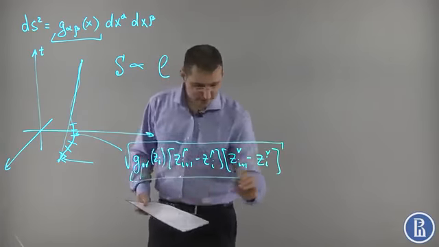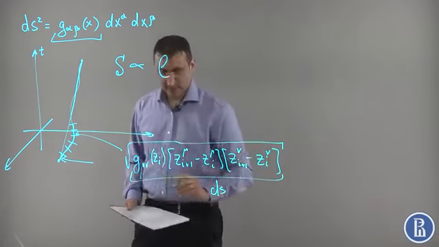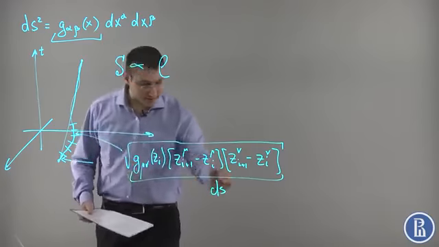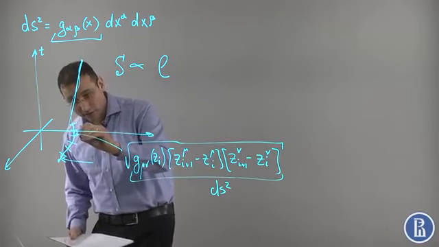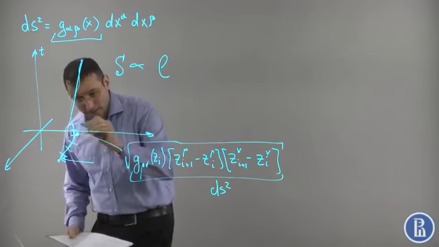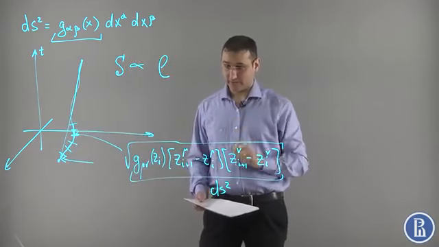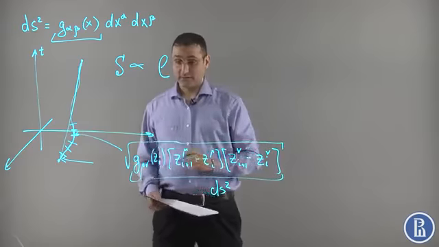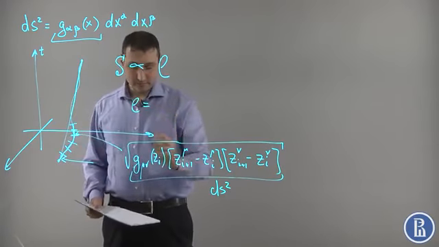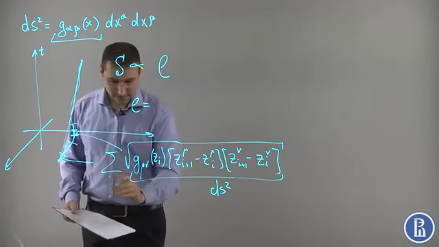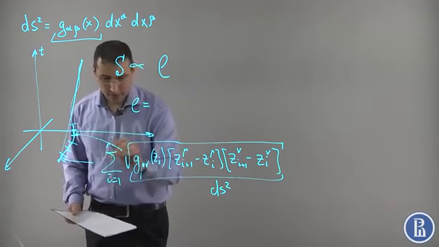So this is just ds, ds squared under the square root, along this segment of the world line of the particle. As a result, the length of the world line is just the sum of these, the sum over i from 1 to n.